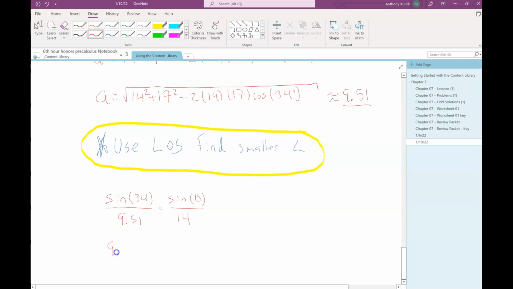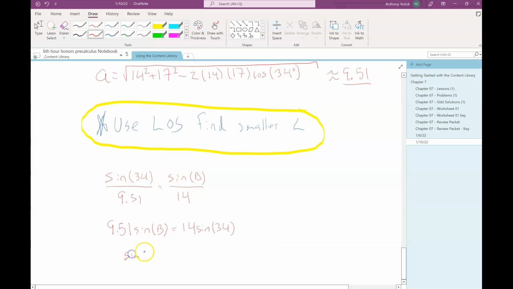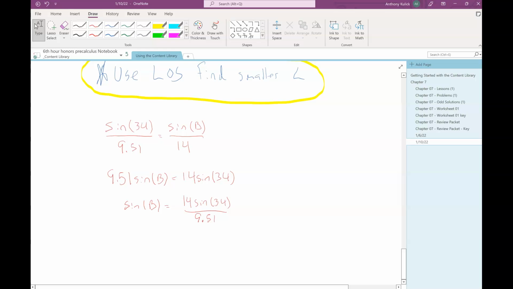So we'll cross multiply. And then how do I get the sine off of the B there?